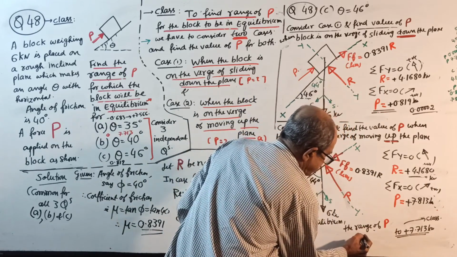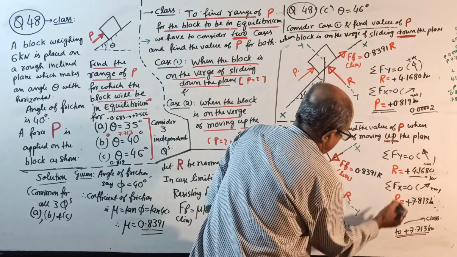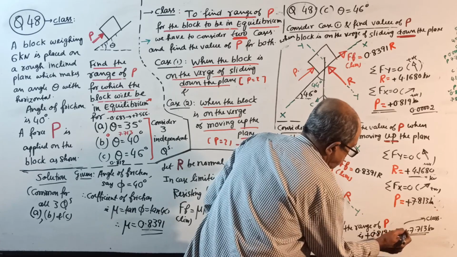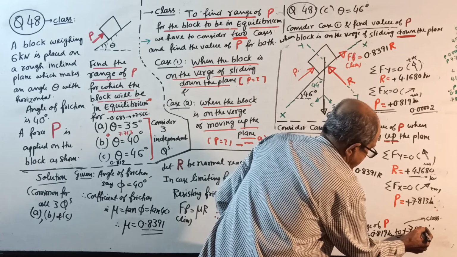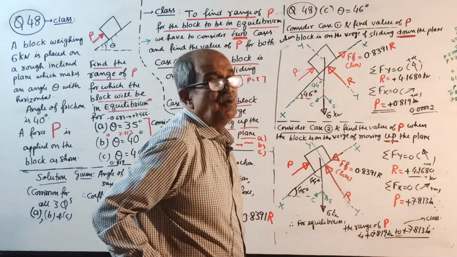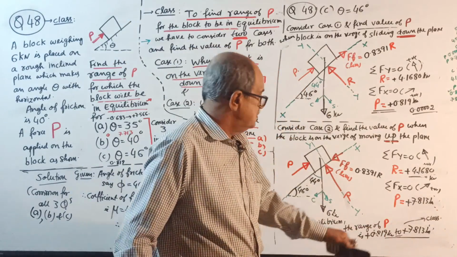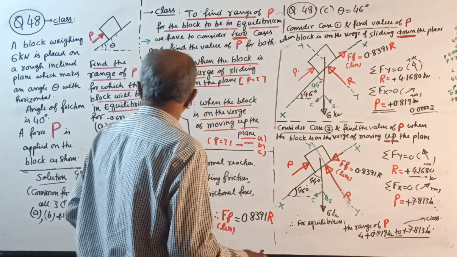Therefore, for equilibrium, the range of P is plus 0.819 kilonewton to plus 7.813 kilonewton. This is the answer. Or the minimum value of P for equilibrium is 0.819 kilonewton. The maximum limit for P for equilibrium is 7.813.